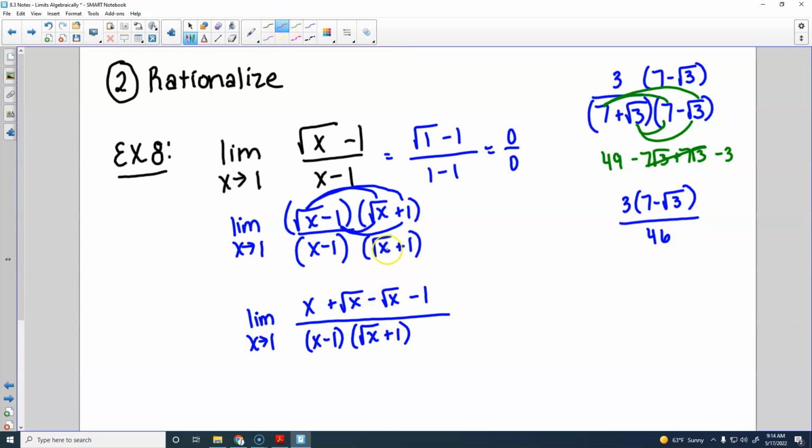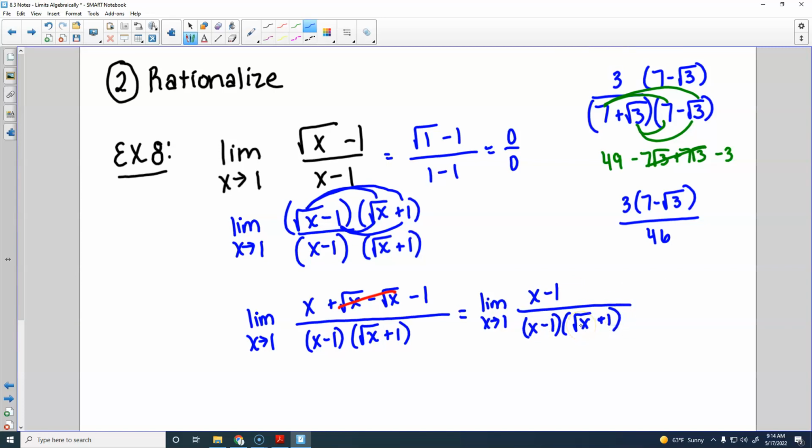And I normally would not write this particular step right here because what happens with the positive square root of x and negative square root of x? They're going to cancel out. So what I really have here, I usually would go ahead and skip to x minus 1 over x minus 1 square root of x plus 1.